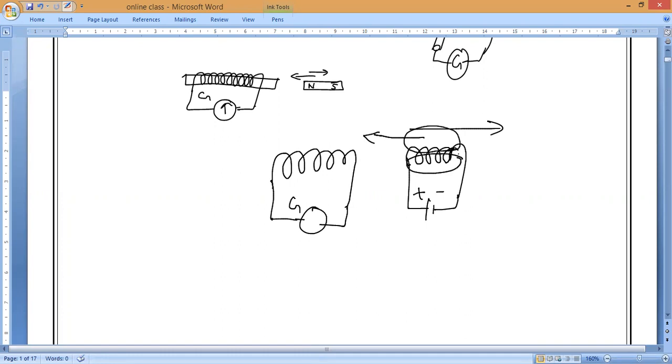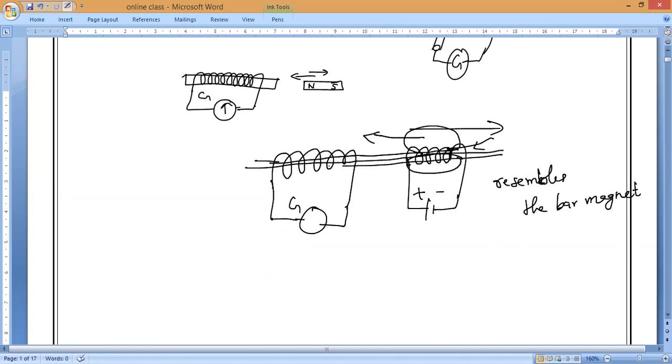As we know, the solenoid resembles whom, guys? It resembles the bar magnet. Yes or no, guys? So the magnetic field created by it is always trying to induce current in the second coil also.